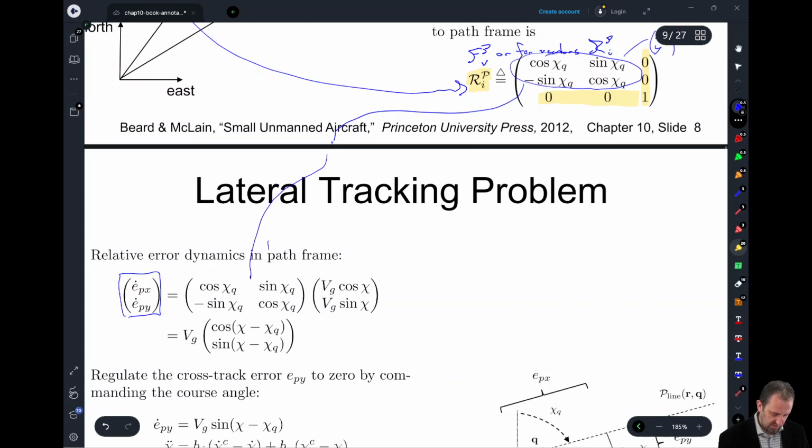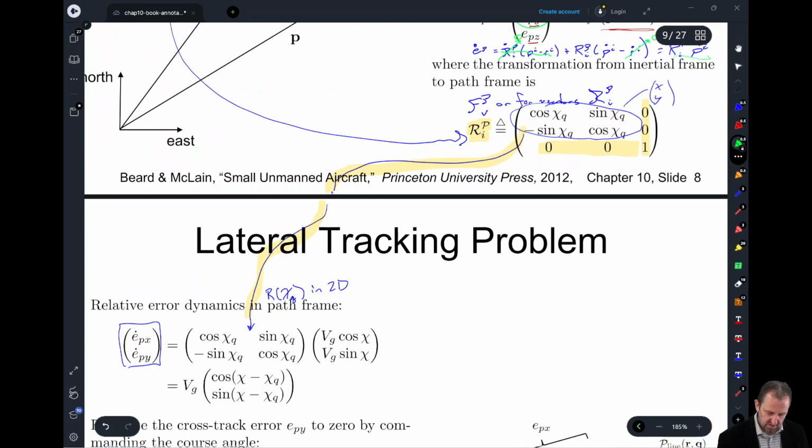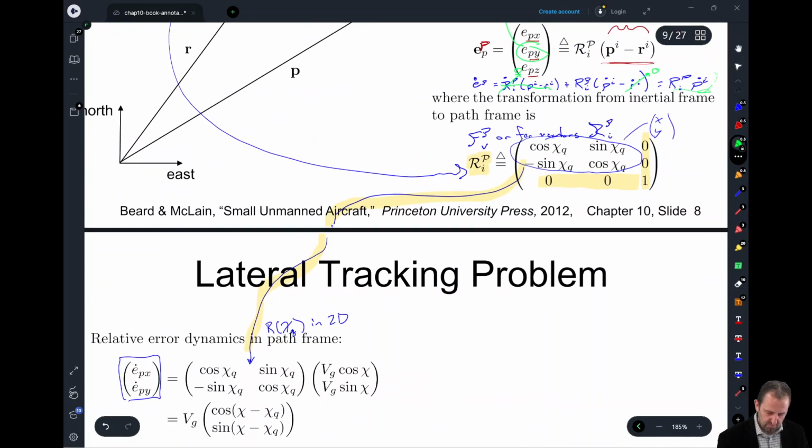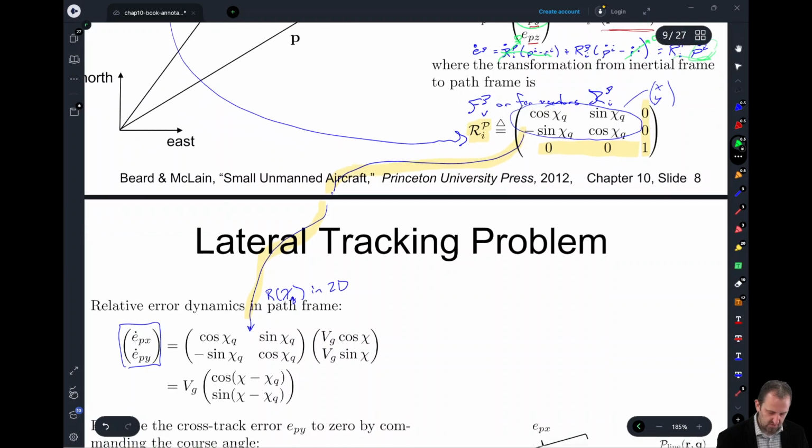It's the rotation in 2D, because we're just doing it about the z-axis, right? So we have that relationship. Let me just highlight that, because that's an important relationship. And then we have this relationship where we have Pi dot, and we're only taking the first two elements of it.